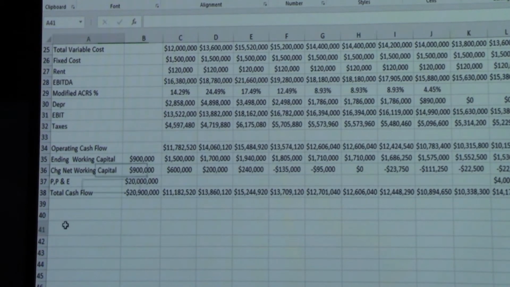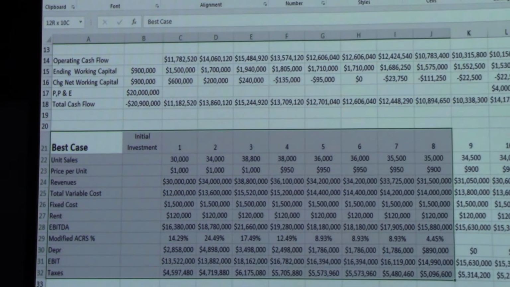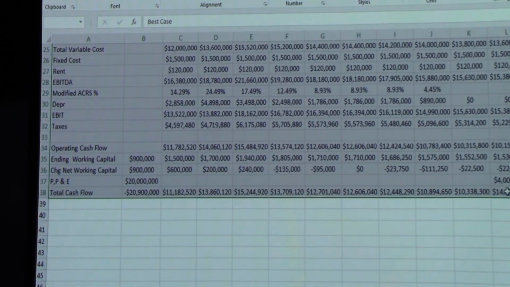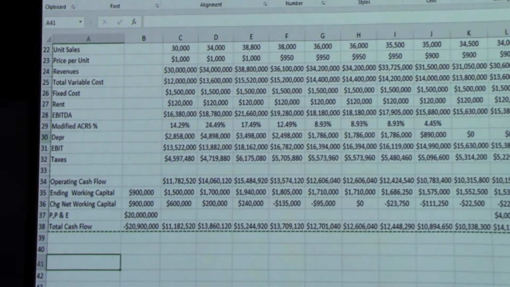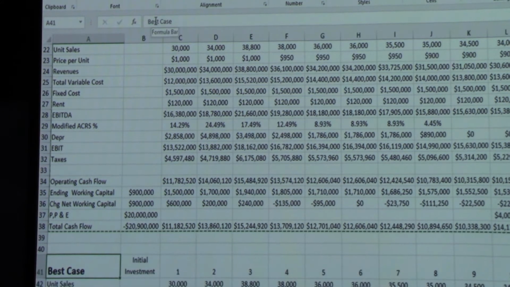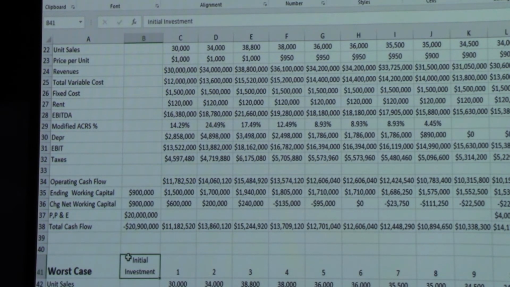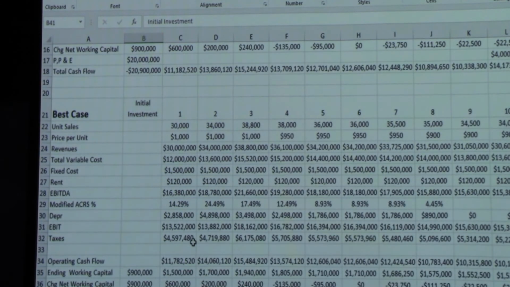And let's go down here, copy this, and call this worst case. All right, let's make sure that the numbers all look the same.